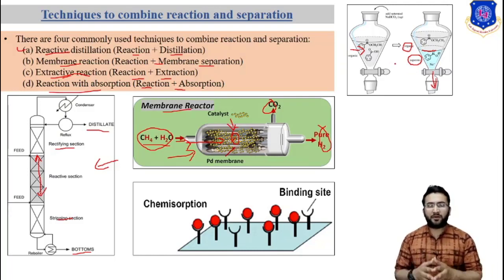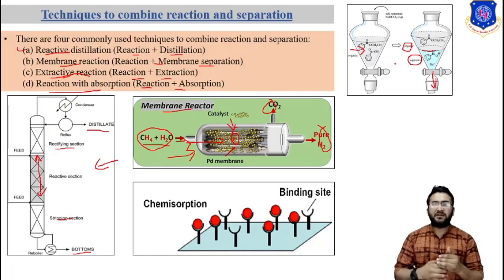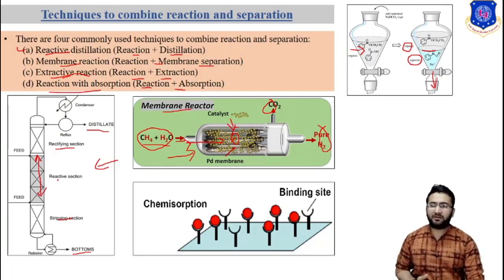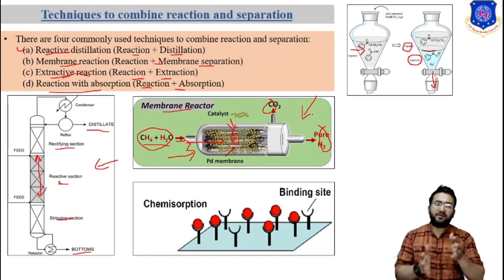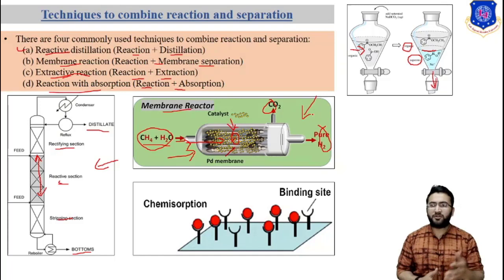In extractive reaction, separation occurs due to the density difference, whereas in reactive distillation separation occurs due to the temperature difference, and in the membrane reactor separation occurs due to the concentration difference, chemical potential difference, pressure gradient or temperature gradient.